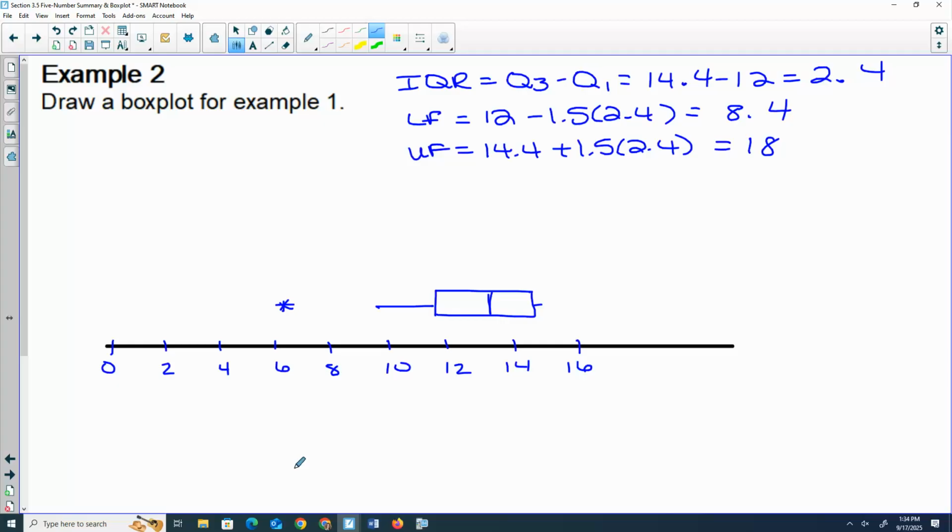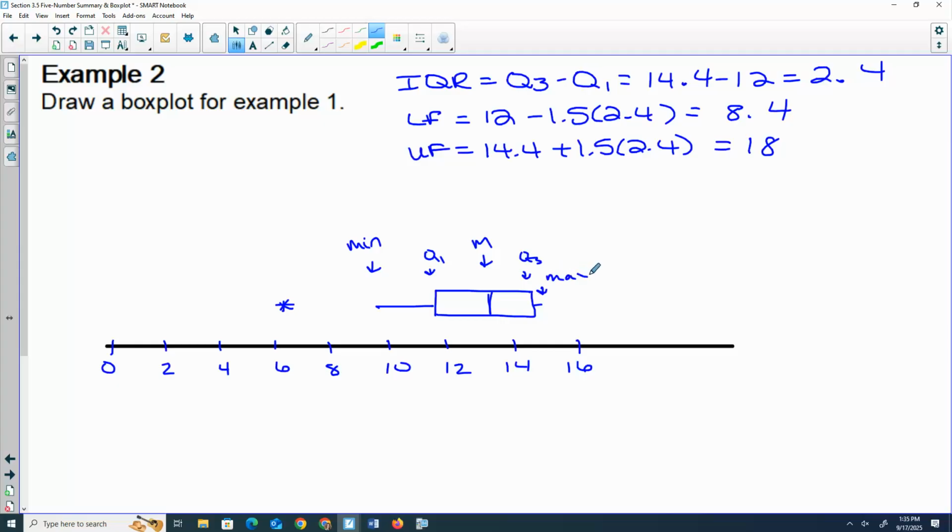What was the asterisk for? The outlier, the 6.5. Okay, so it's our 5-number summary, and that just translates into our box. The minimum, Q1, median, Q3, max.